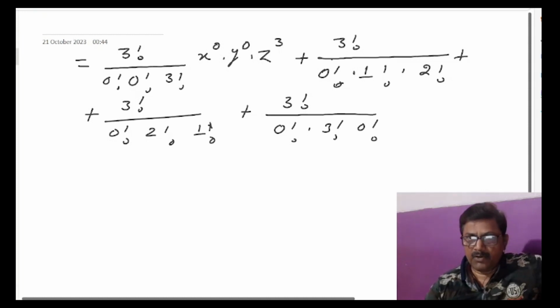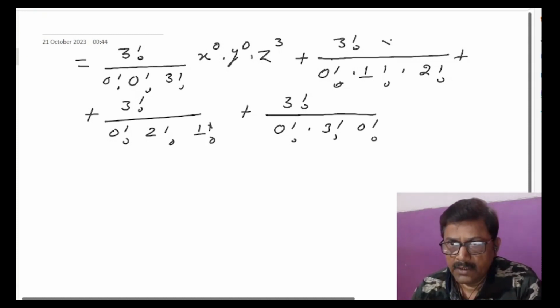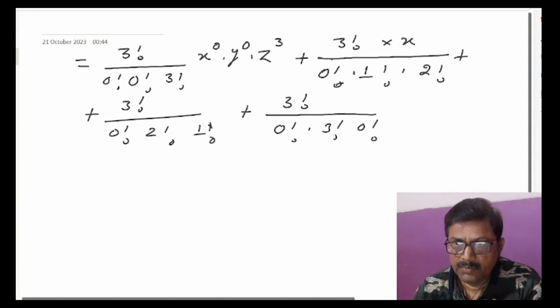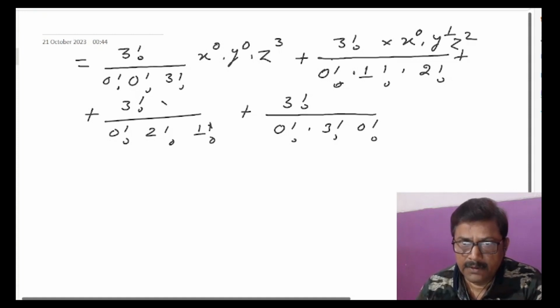Oh, sorry, I did not write the x, y, z part of the terms. So x to the power R1 is 0, y to the power R2 is 1, z to the power R3 is 2. Here x to the power R1 is 0, y to the power R2 is 2, and z to the power R3 is 0.